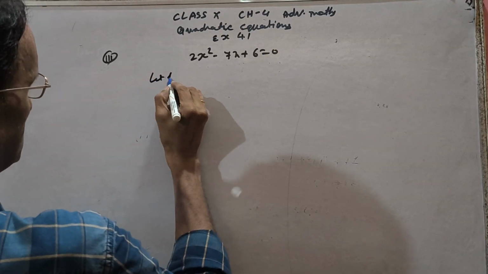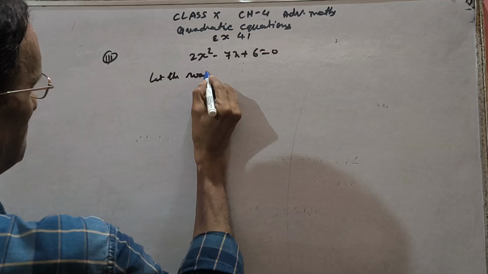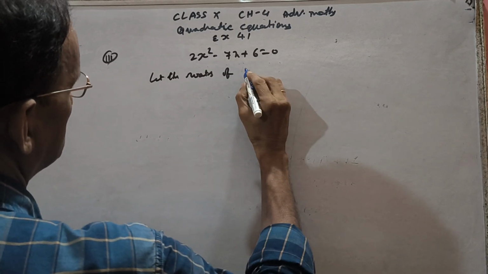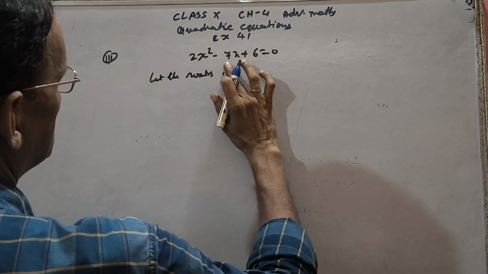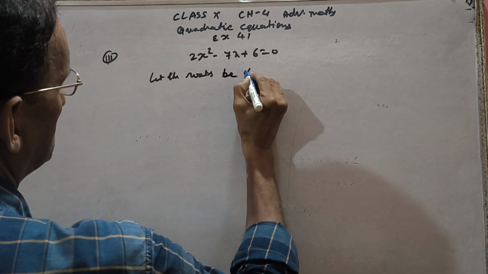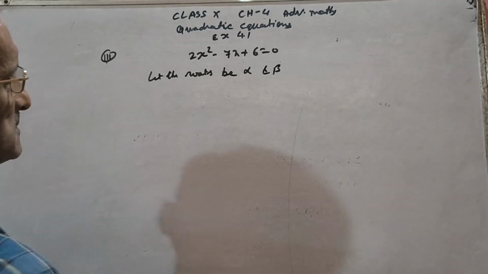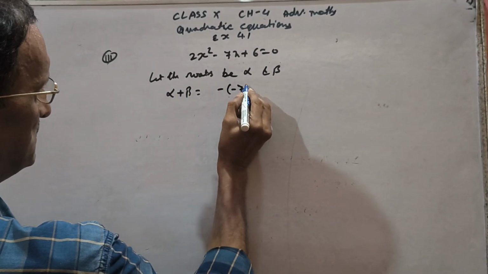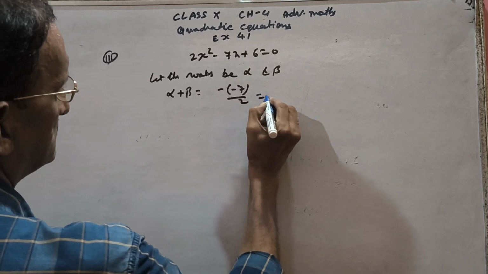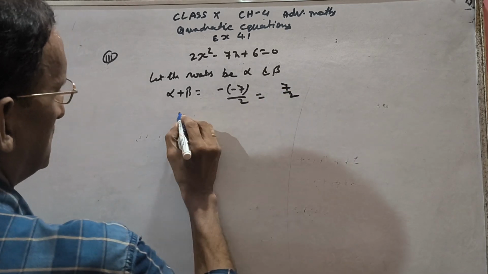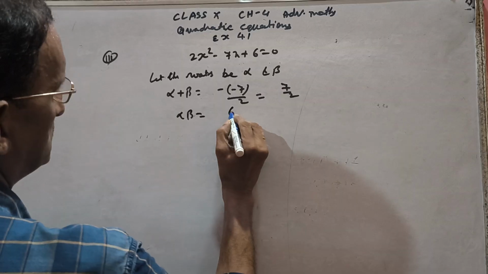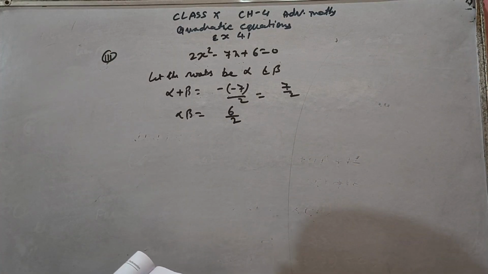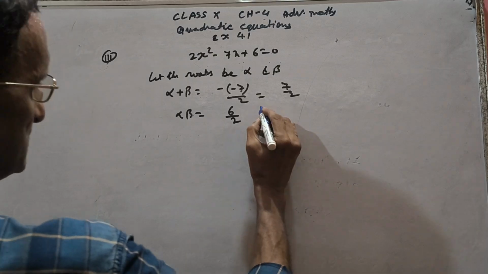Let the roots of this equation be alpha and beta. What is alpha plus beta equal to? Minus b by a, which is 7 by 2. And alpha into beta equal to c by a, so obviously 3.